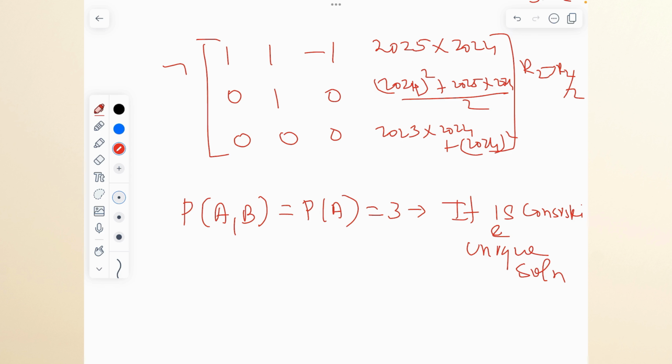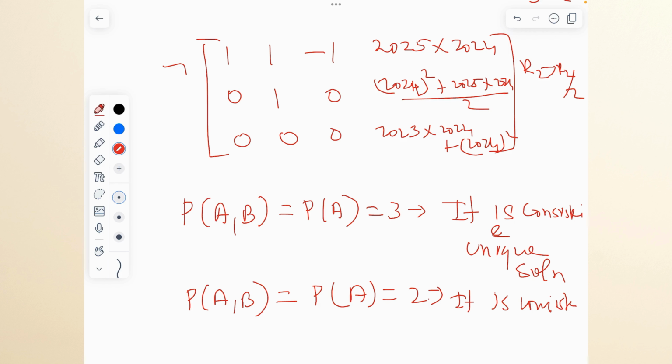If rank of A comma B is equal to rank of A is equal to 2, it is consistent with infinitely many solutions.